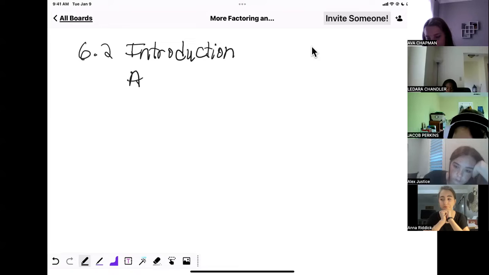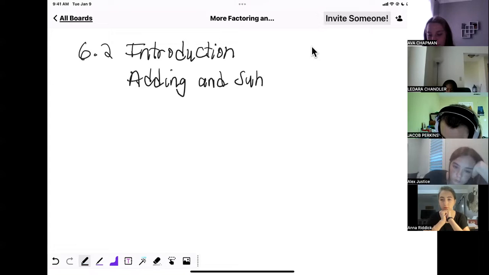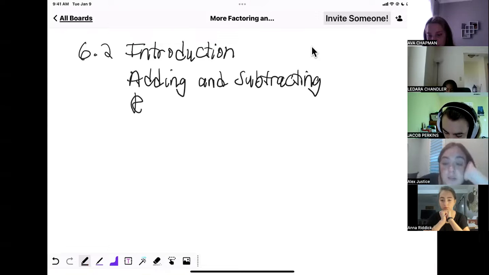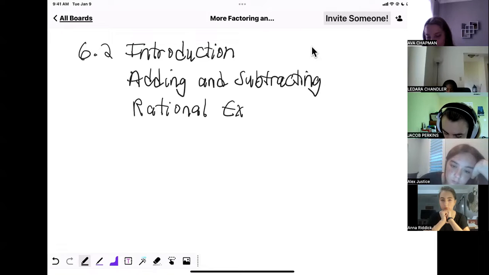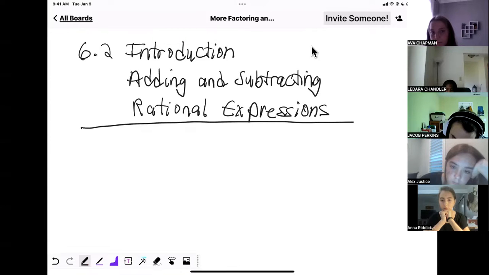It's about adding and subtracting rational expressions. So we're not solving for anything for these, at least right now. We're just adding and subtracting expressions. It's like adding and subtracting fractions, except with algebra.